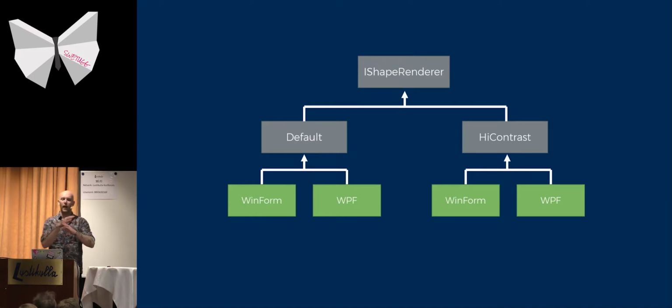So with those two axes, with default and high contrast and WinForm and WPF, those are basically two different requirements that affects my IShape renderer abstraction. I end up with 4 implementations, right? So we would normally, in a lot of cases, just go and implement 4 of these. So we would have the default WinForm, default WPF, high contrast WinForm, high contrast WPF.